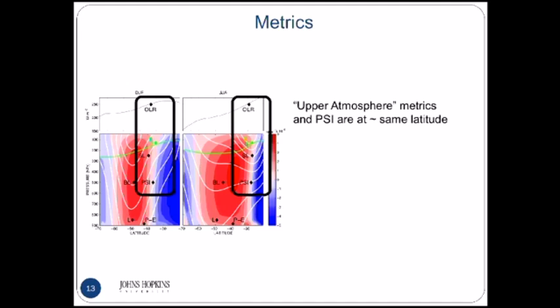I think part of this is that for some of these metrics you need to define a threshold, or come up with a criterion, and people have come up with criteria so they get an answer that on the mean agrees with psi equals 500. Whereas metrics like P minus E, that's just surface precipitation, so you define it based on where that changes, and these are the other kinds of jets.